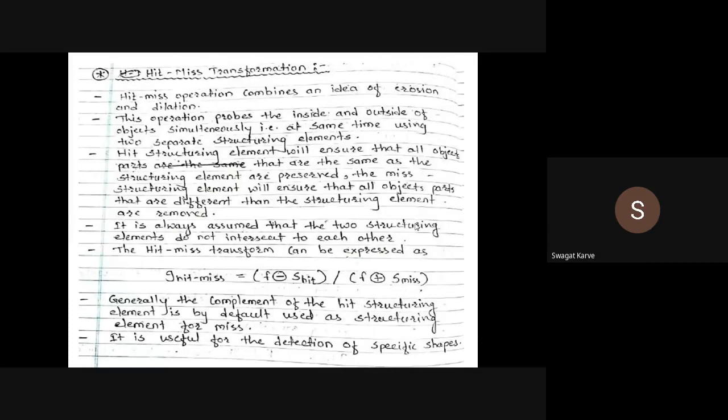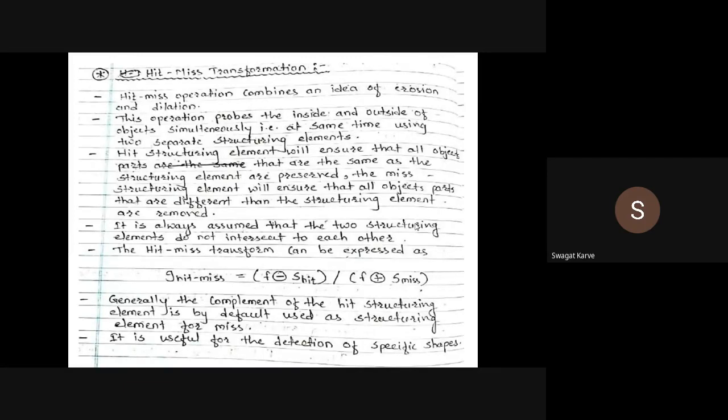In this hit and miss transform, we have combined that two processes, right? That means erosion and dilation. We are combining that two processes, and we are performing the transform on that target image or any particular image. And how are we performing?